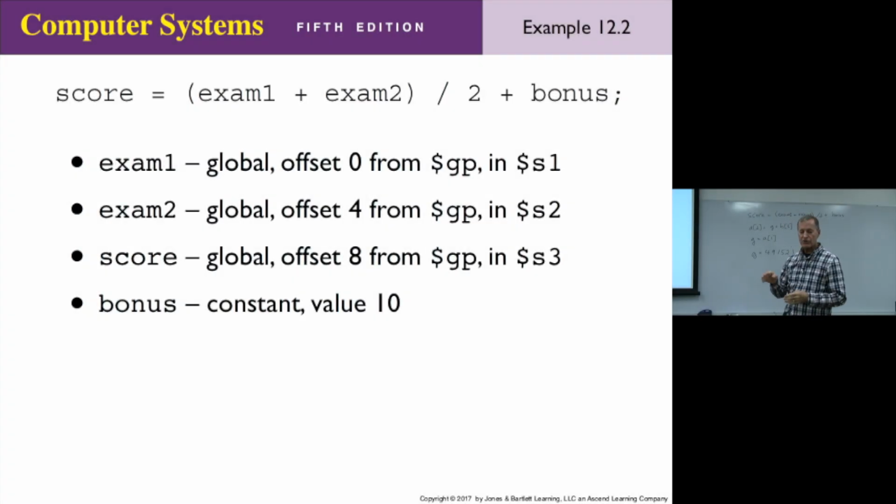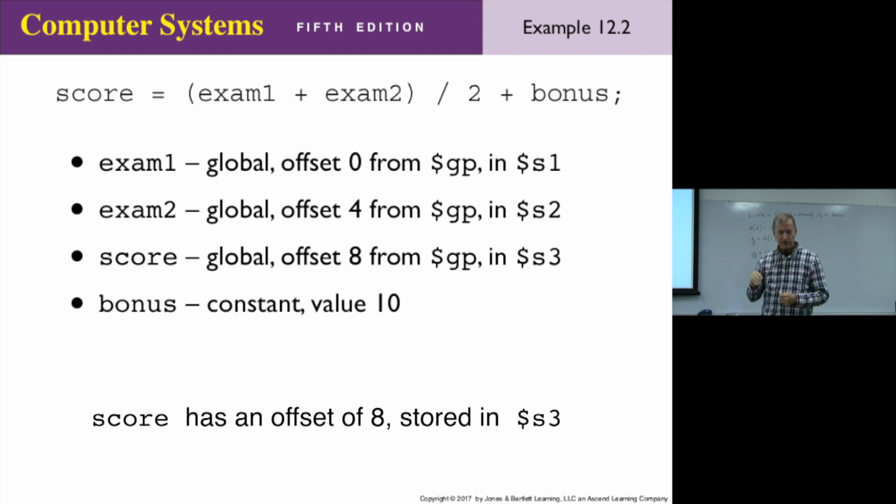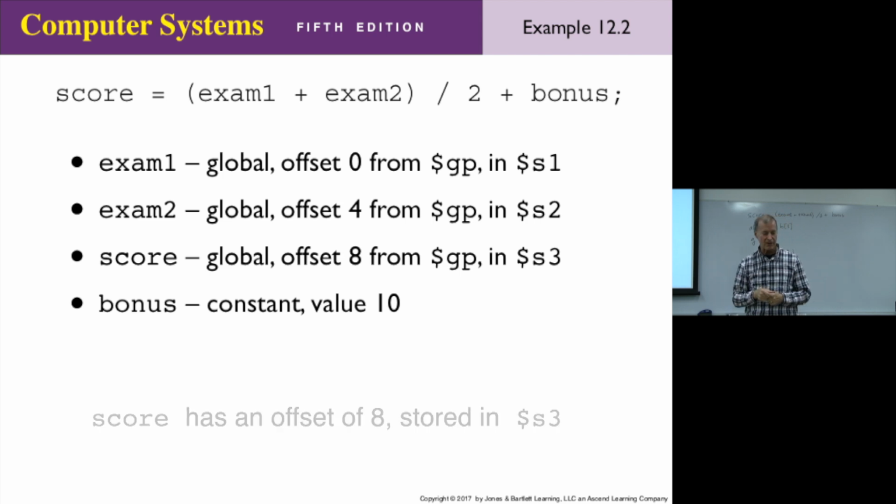Okay, so what we are going to assume for this example is that if we were to draw the values of the variables in the fixed location in memory, score is a global variable at offset 0 from $GP. We will assume the compiler assigns that to register $S1.